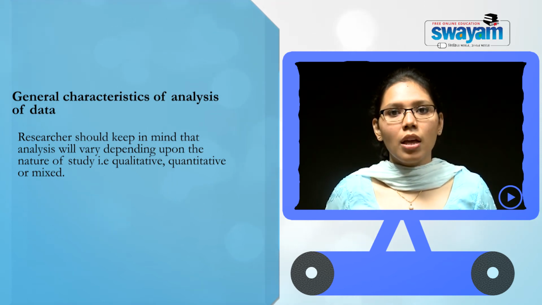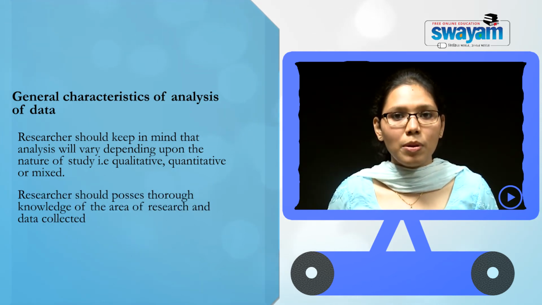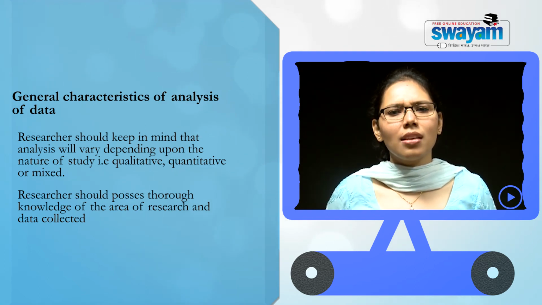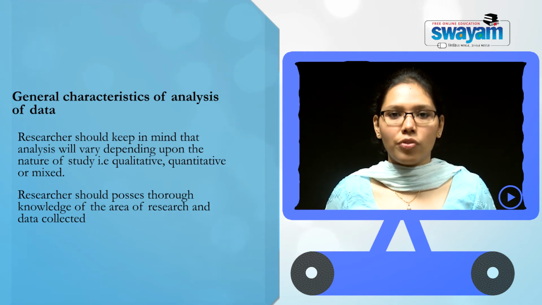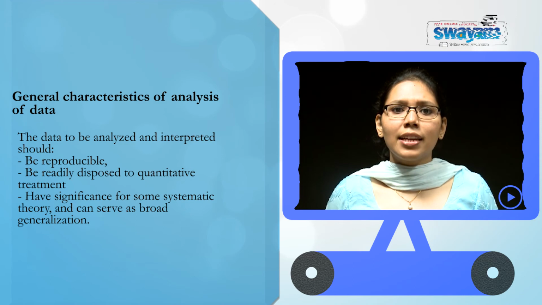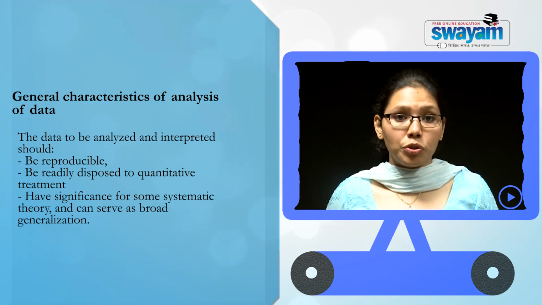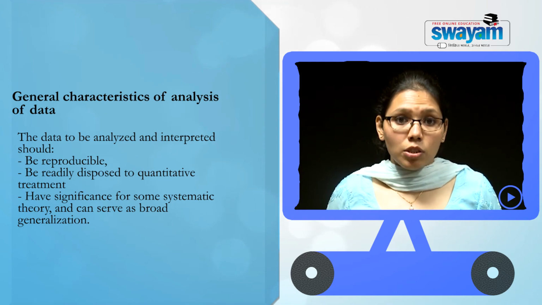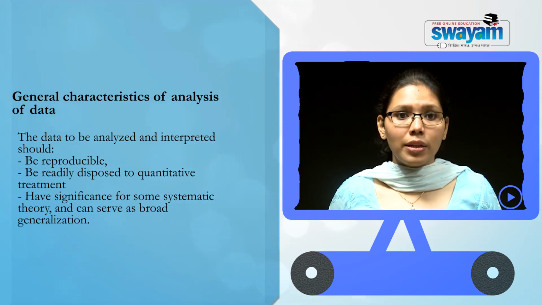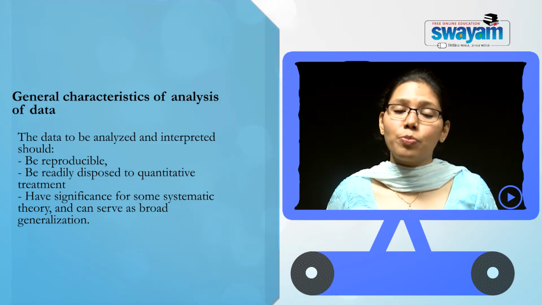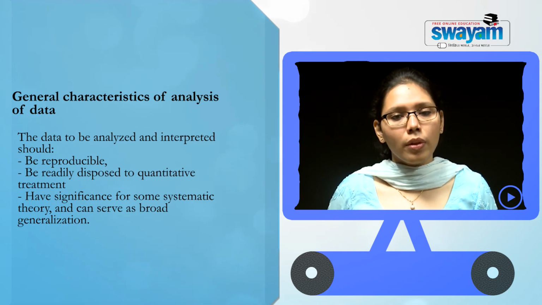Second characteristic that the researcher must keep in mind is that the researcher should possess thorough knowledge of the area of research and data collected. Third characteristic is that the data to be analyzed and interpreted should be producible, be readily disposed to quantitative treatment, and have significance for some systematic theory and can serve as broad generalization.